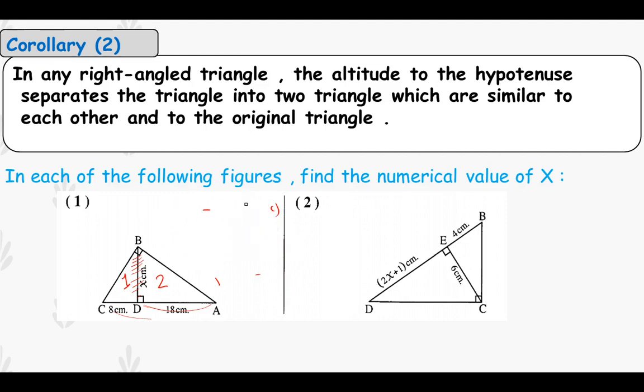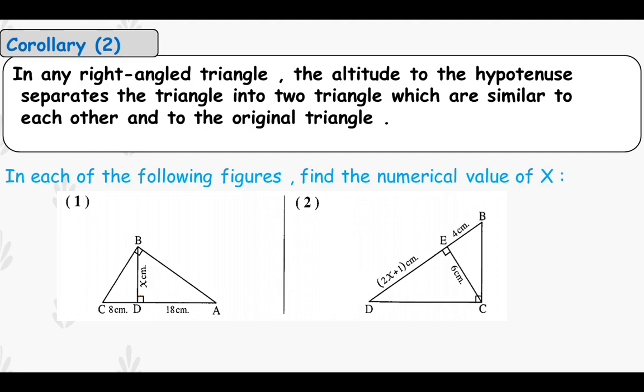In this example, we have that BD, its length is x centimeter, and CD equals 8, and DA equals 18. This is a very simple question. You just need to know the rule of Euclidean theorem.